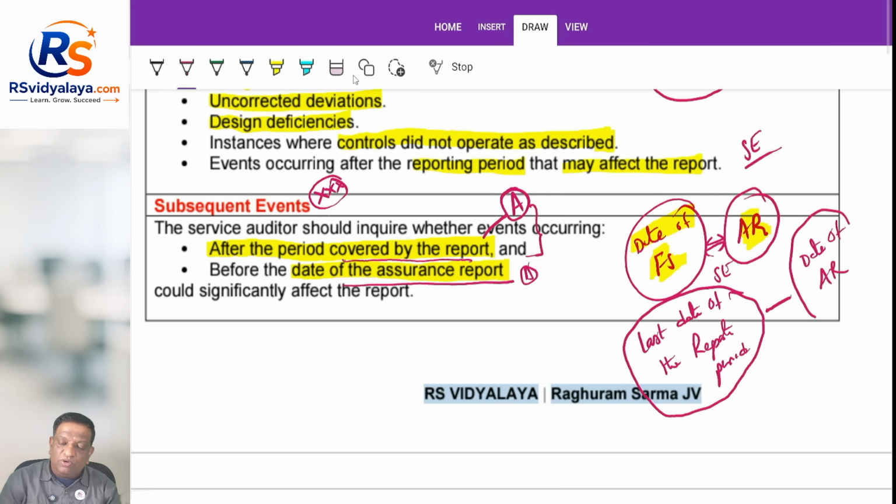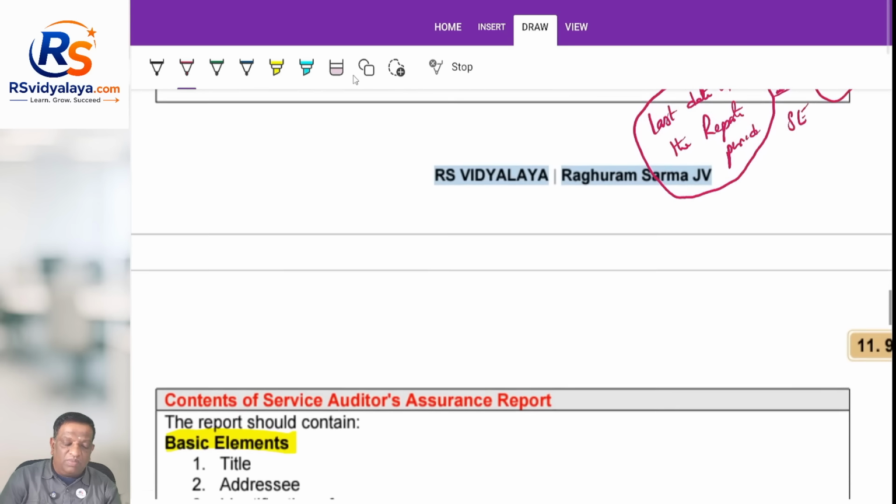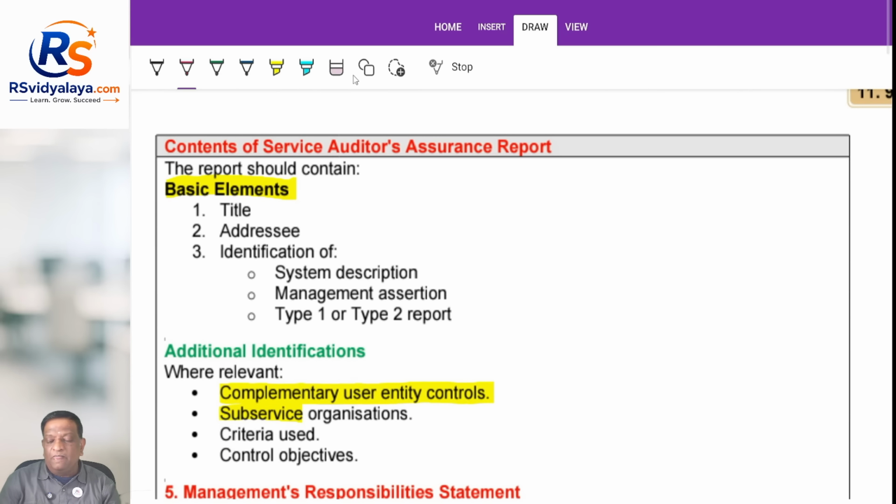Whenever you are giving the report under SAE 3402, any transactions in between are called subsequent events, and the auditor would verify them to see whether they have any impact on the report. So, with this, the procedures performed by the service organization auditor are complete.